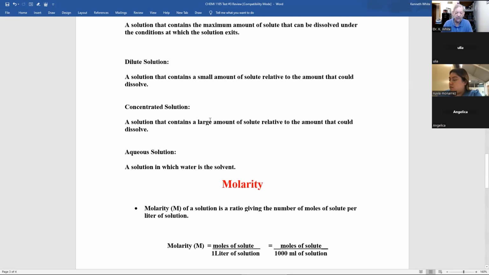And a really important one, aqueous solution, which is shown by bracket AQ close bracket. In an aqueous solution, water is the solvent.